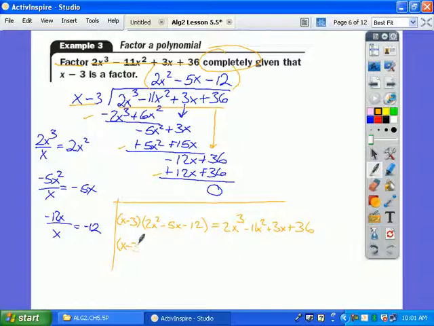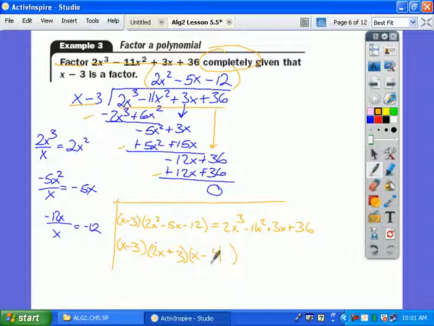So we have x minus 3 out here. And now we're going to try to factor this guy. So we have 2x and x, plus and minus. And I believe our factors are 12 and 1, 6 and 2, 4 and 3. But start with the middle pair, 4 and 3. And if we go 4 and 3, I believe that works. Let's check it.